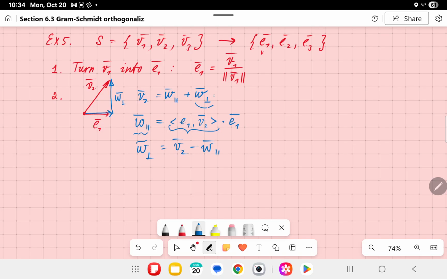So basically I'm solving this equation for the orthogonal part, moving this one to the left side. So it's going to be v2 minus the inner product of e1 and v2, times e1.